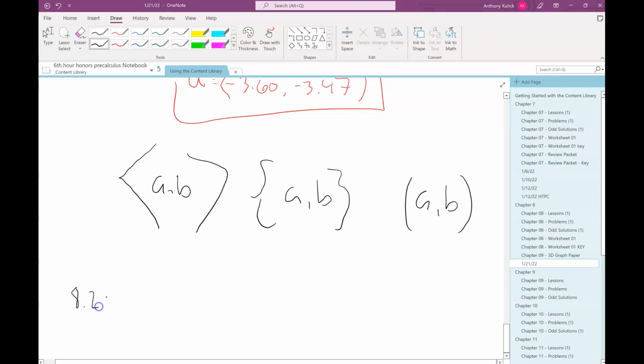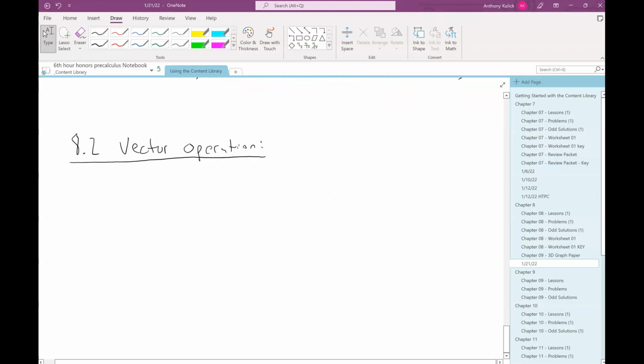So of these three representations, the two that we're going to be using the most are component form and magnitude and direction. Not surprisingly, we don't want to rely on constructing pictures in the XY plane and doing painful geometry to figure things out. Now, for the most part, both component form and magnitude and direction have advantages and disadvantages.